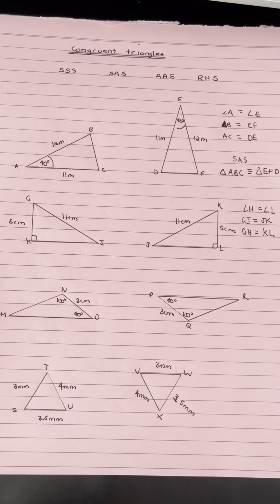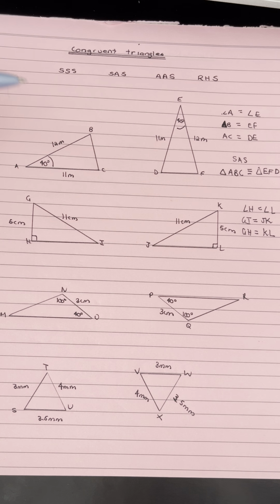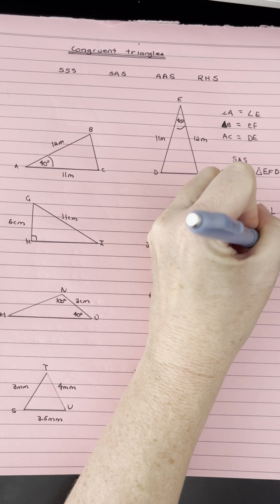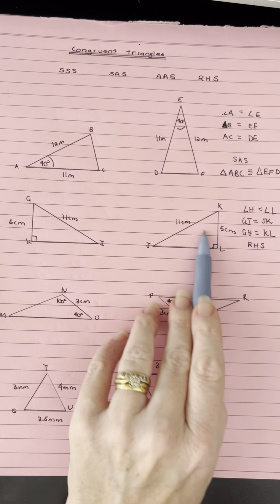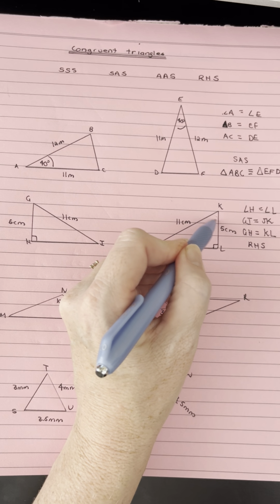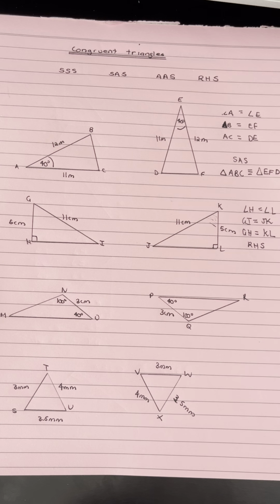So in this case, our angle is not between the 2 sides, and that's why it's not SAS. And you do have to be careful with those ones, because sometimes you might be given instead of the right angle, a different angle, then it's not going to be the RHS. So in this case, it is RHS. It's not SAS because the angle that we know is not between these 2. We would need this one up here, which we don't know.